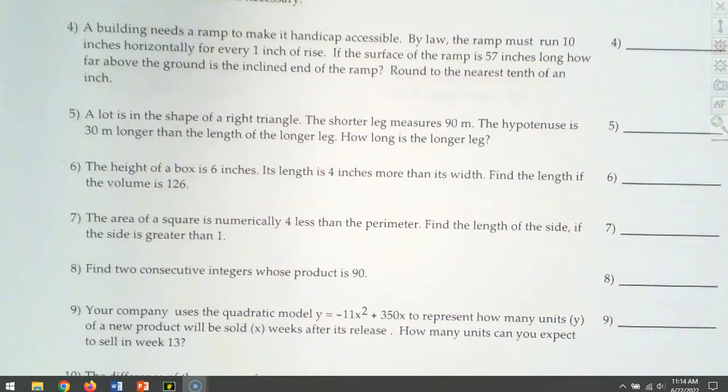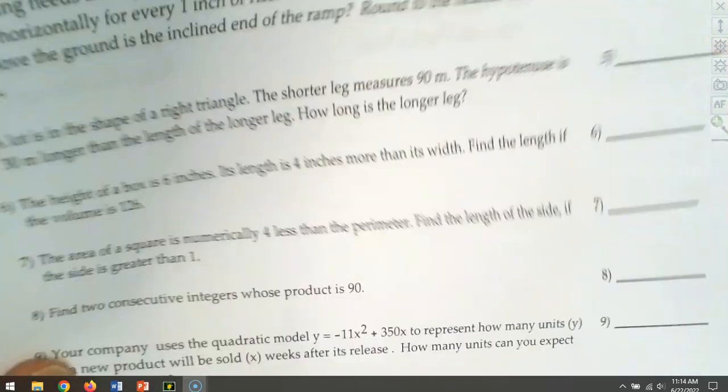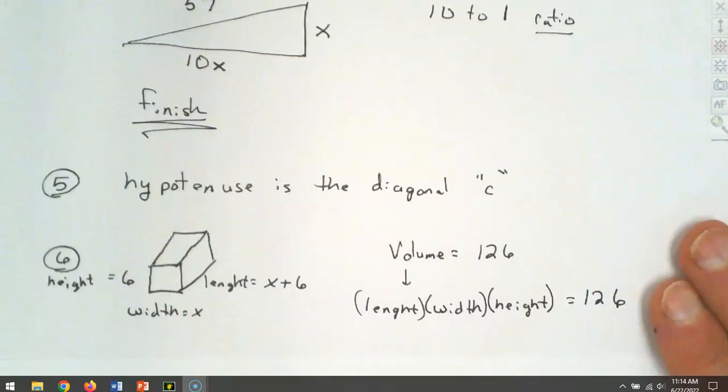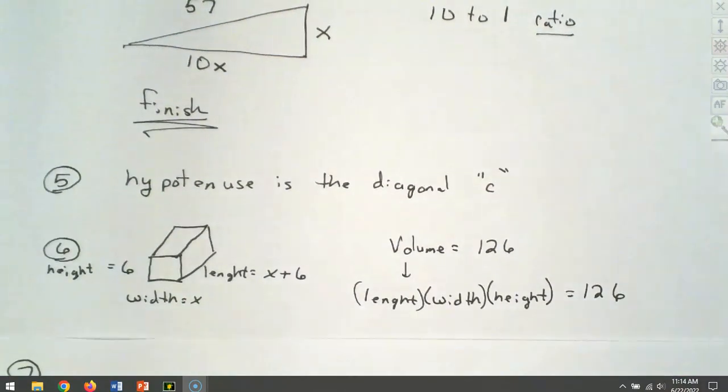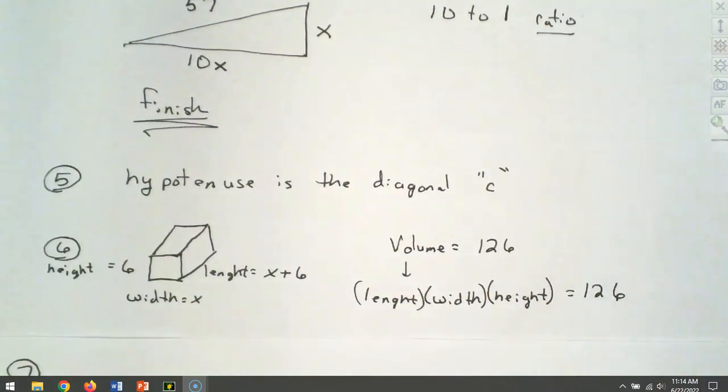So that's important. If I give you a square, you know then that all the sides are the same. And the area of a square is x squared. And the perimeter of a square is 4x, right? Because you add up all the sides.